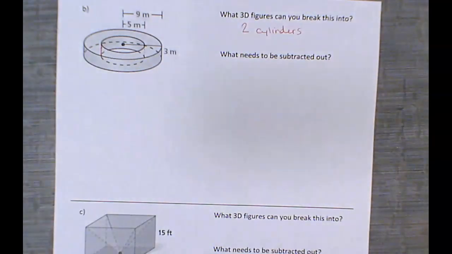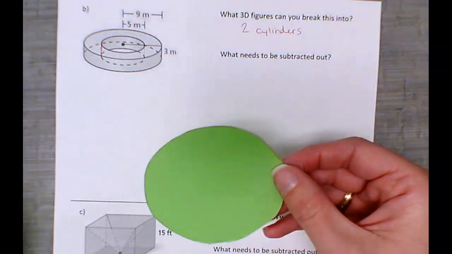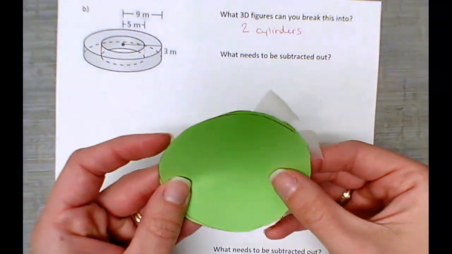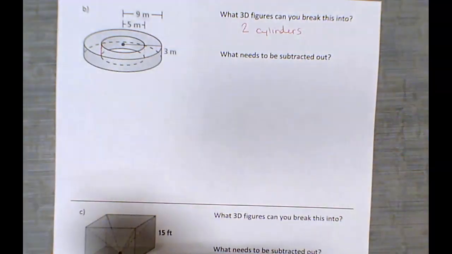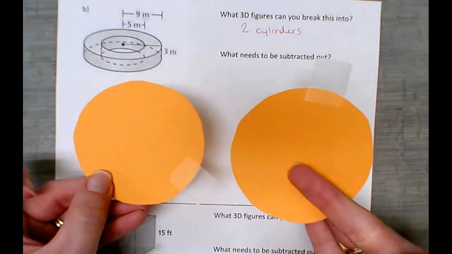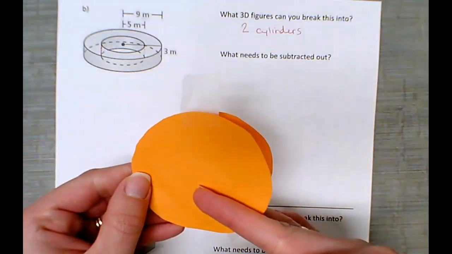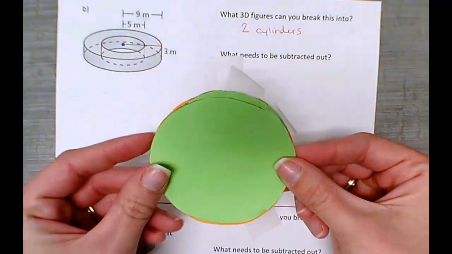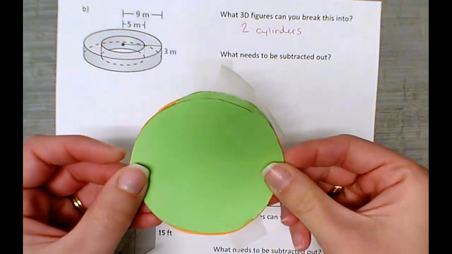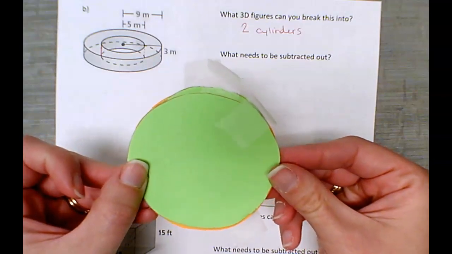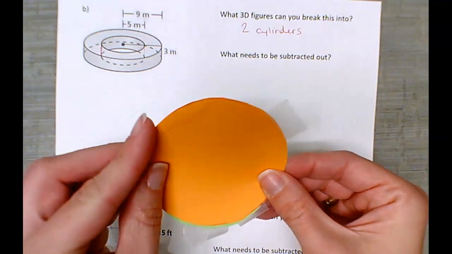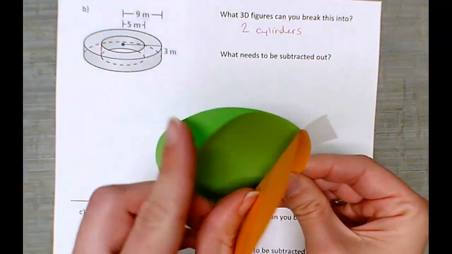We subtracted out 2 circles like this, and we subtracted out two circles like this. So if I put them all on top of each other, notice that they're all the same size, right? They're all the size of the base of the small cylinder. And so how many were there? 1, 2, 3, 4.